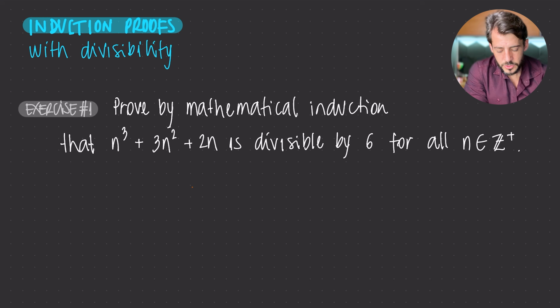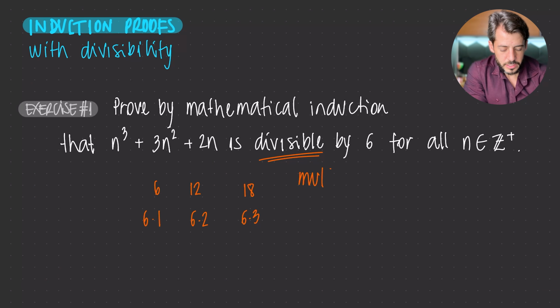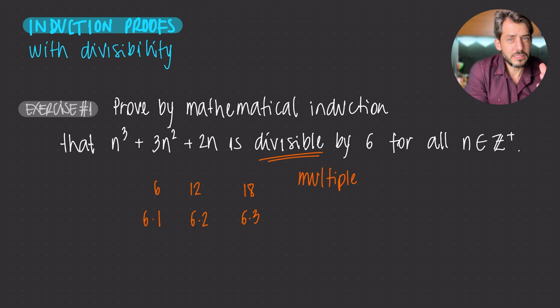If you think about numbers which are divisible by 6, for example 12 or 18 or even 6, all of these can be written as 6 times something, in these cases 6 times 2, 6 times 3, and 6 times 1 respectively, which means that in practical terms being divisible is the same thing as being a multiple. And I'm writing this to emphasize one of the steps of our solution, which is to write n cubed plus 3n squared plus 2n as 6 times a, which is only going to show up on the third step. However, it's good to emphasize this now.